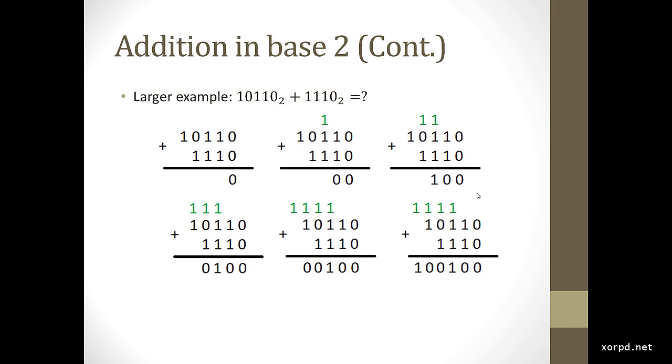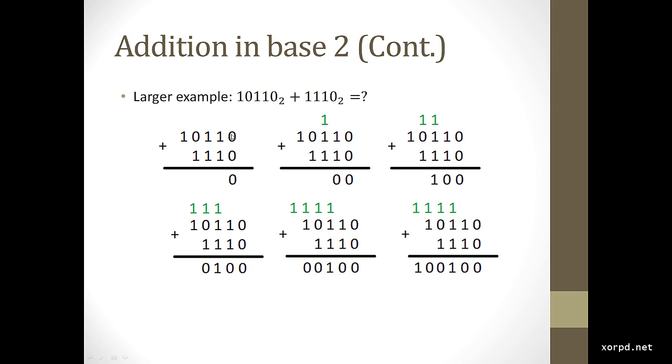Let's take a look at a larger example to understand how to invoke addition. We want to add those two numbers. We are going to do it just like in base 10. We put the two numbers aligned to the right, vertically, and then we add digit by digit. And we consider the carry, if we get any carry. So let's begin.